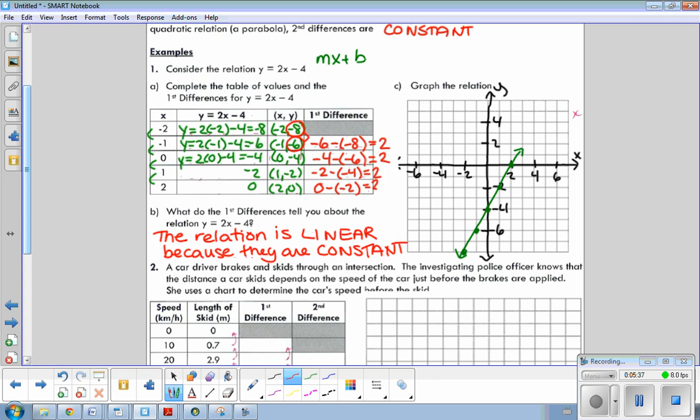So if we didn't graph the points, the table was enough to show us that it is linear. Just by looking at the first differences all being the same number, we know that what we have is a linear relationship.